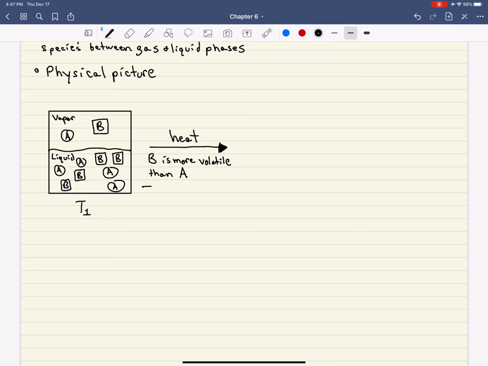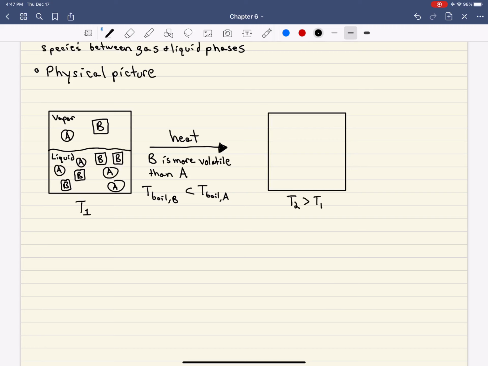One way you could characterize that is you could also say that the boiling point temperature for B is less than the boiling point temperature for A. All right? And so we're considering the case where B is more volatile than A. So then, let's say we heat our system so that it goes to a new temperature where T2 is greater than T1.